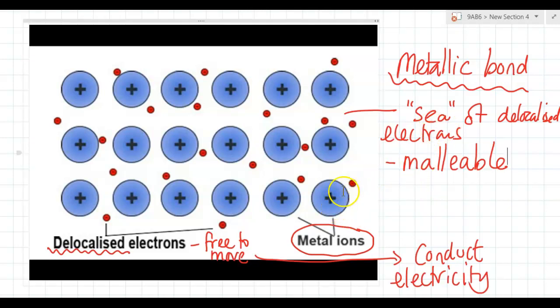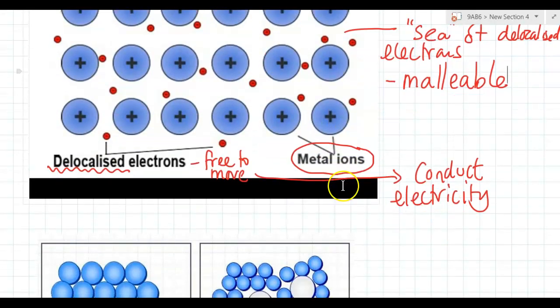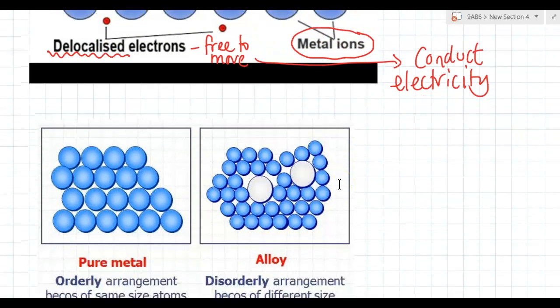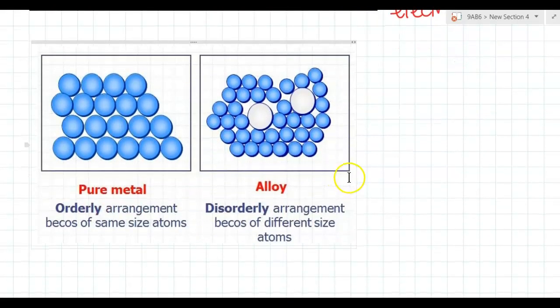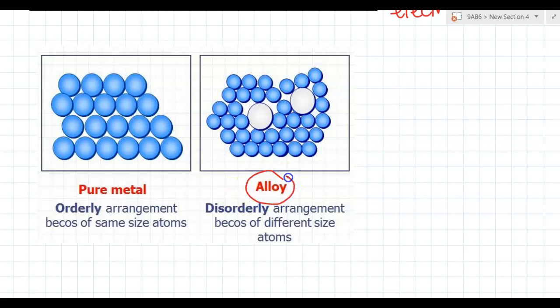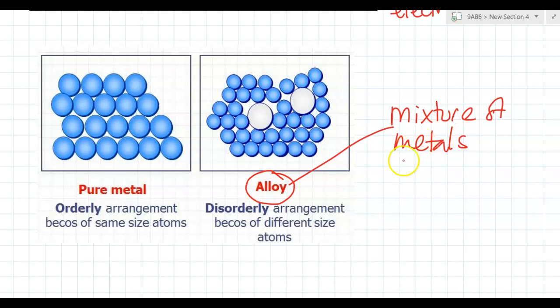Sometimes that's a problem, and pure metals can be really soft. Okay? So sometimes we add stuff to make pure metals harder. Do you remember we talked about gold as an example of an alloy? Key word. Yeah? An alloy is a mixture of metals. That mixture of metals means that the nice neat rows of metal atoms are disrupted by a different sized particle.